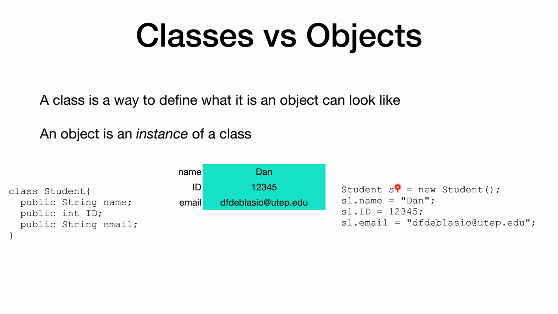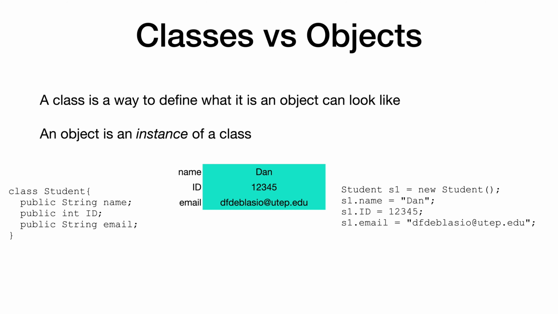So we're going to make an instance variable, s1, right? Notice that s1 is a variable, and it has the type of student. Normally this would be something like int or string or whatever. And to initialize it, we're going to set it equal to a new student, right?